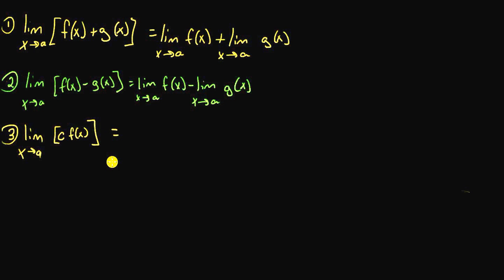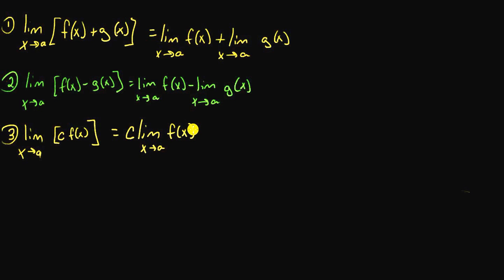Remember, this constant right here is not in terms of x. So the limit of a constant, not in terms of x, shouldn't really affect it. If we pull it out and then just multiply the actual limit by it, we should get the same thing.